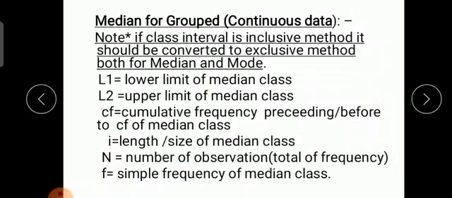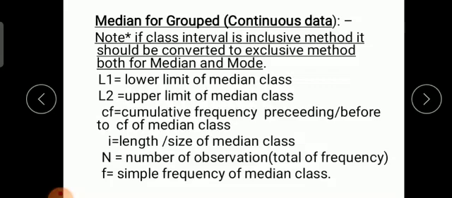Before we go, there's an important note. If the class interval is given in inclusive method, it should be converted to exclusive method, both for median and mode sums. Now you know the types of class interval: inclusive and exclusive.